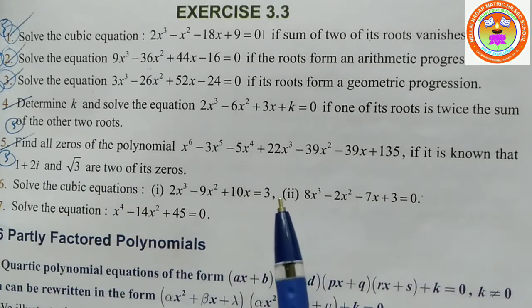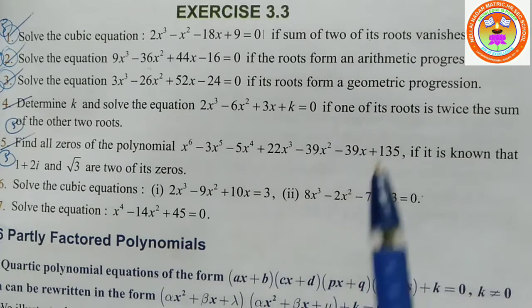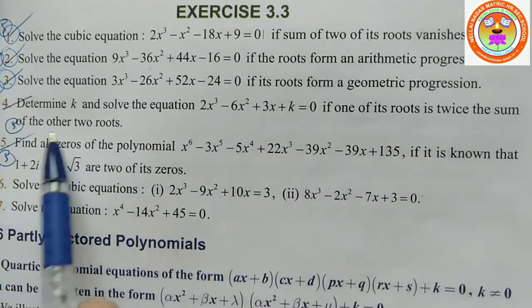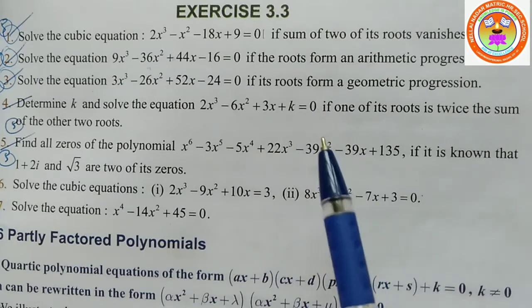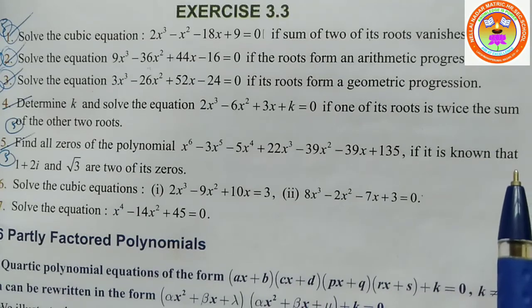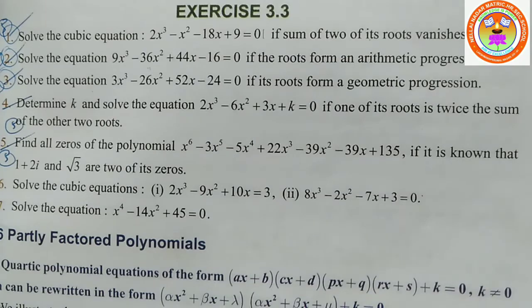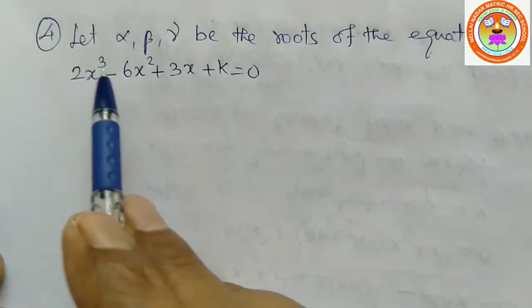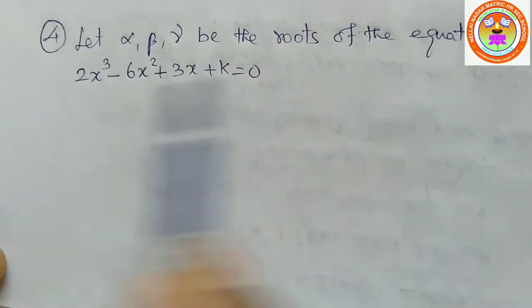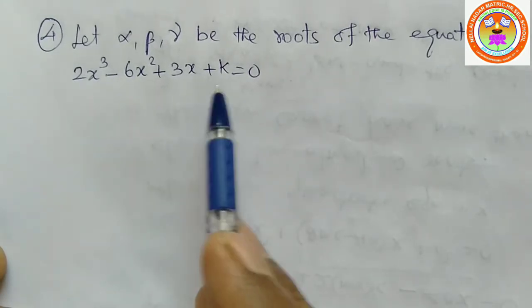Suppose alpha, beta and gamma are the roots. So one root, alpha, is equal to two times the sum of the other two, that is 2 times beta plus gamma. Let alpha, beta and gamma be the roots of the equation 2x cube minus 6x square plus 3x plus k.